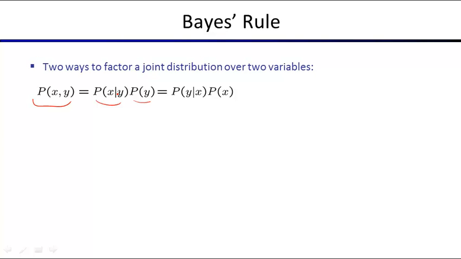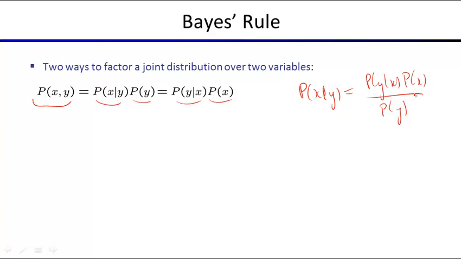There's nothing particular about each of these roles, and you can just as well have the marginal for x times the conditional of y given x. Now let's say we divide both sides by p of x. Then we end up with, actually, let's divide by p of y. P of x given y then becomes equal to p of y given x, times p of x over p of y.